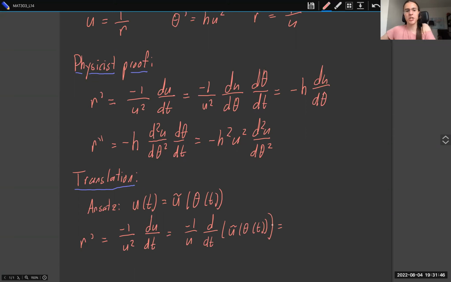So what happens by chain rule is that we get negative 1 over u squared d u tilde times its arguments, where its arguments by definition are going to be called theta.